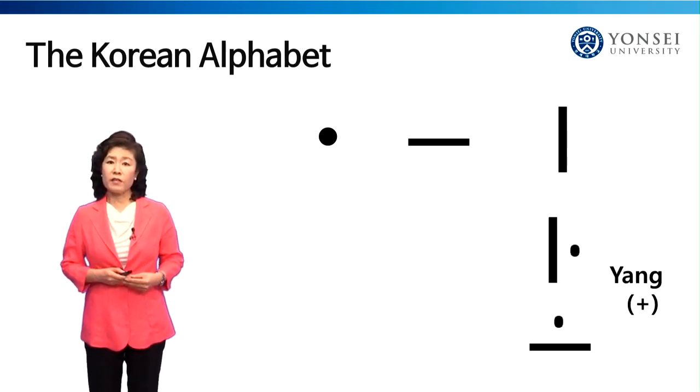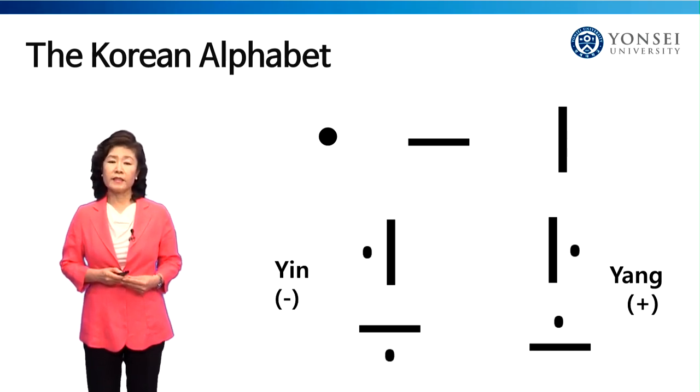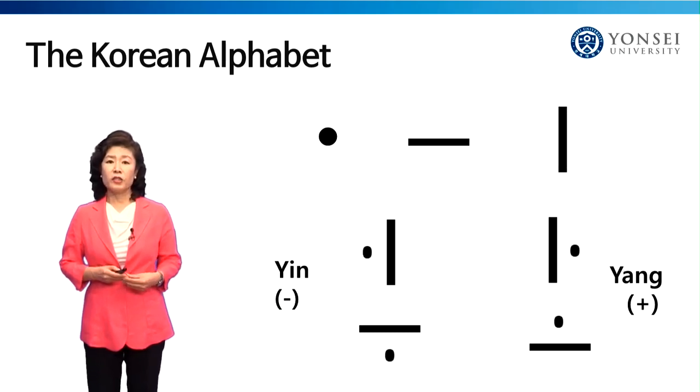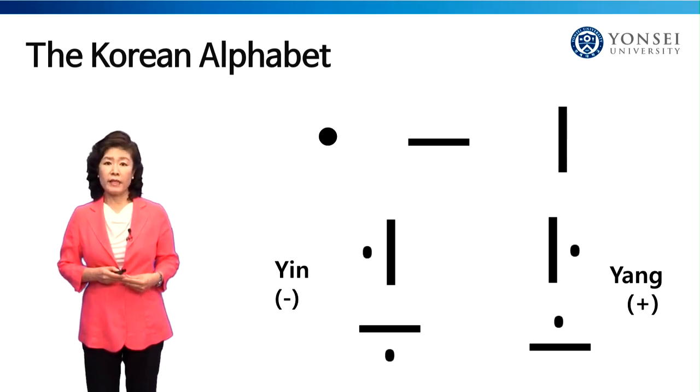In Chinese philosophy, right and above are yang, left and below are yin. So we can see the letters in Middle Korean assigned dots to the right of or above the letter in the case of light vowels, and to the left of or below the letter in the case of dark vowels.